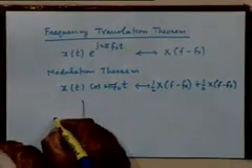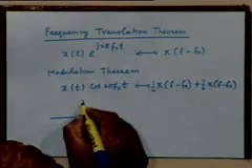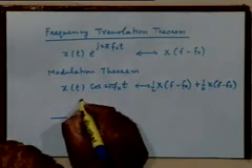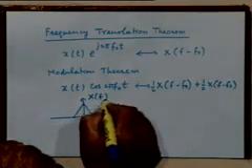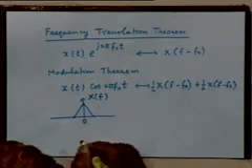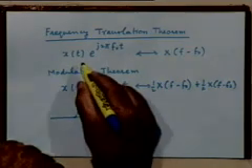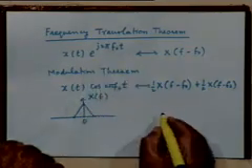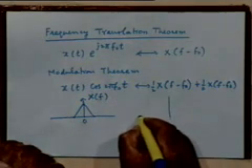In other words, pictorially speaking, if this denotes the spectrum of x of t which is centered at 0, multiplication of x of t with a complex exponential leads to a spectrum like this.